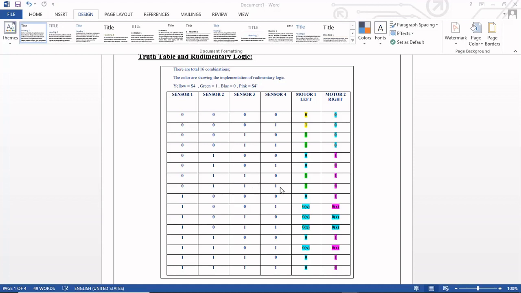Similarly, when both right sensors and the middle left sensor are on, then it is the dominancy condition in which the left motor is on as both right sensors are on. For the most left sensor, the right motor gives the one output when it is on. Similarly, when most right and most left sensors are on, then it is again a don't care condition and we have written zero in this table.